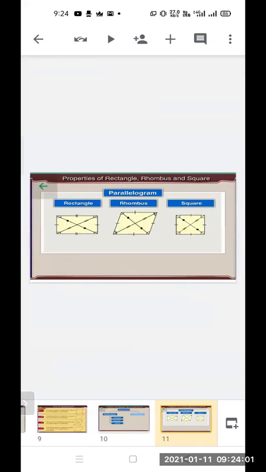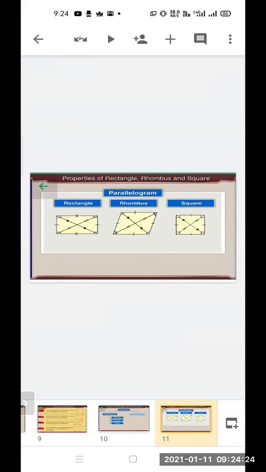So here, children, rectangle, rhombus and square are forms of parallelogram. You already know that they are different forms of parallelogram.